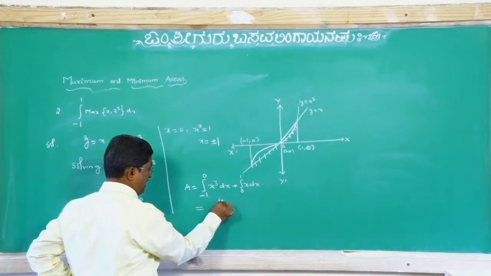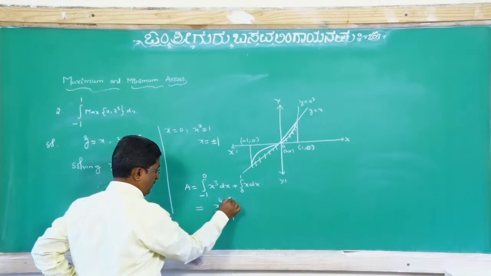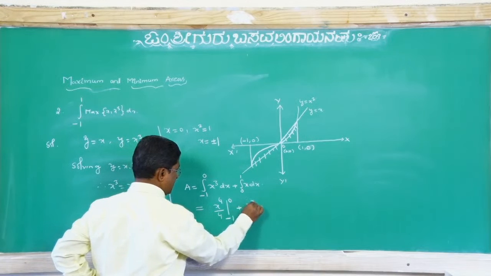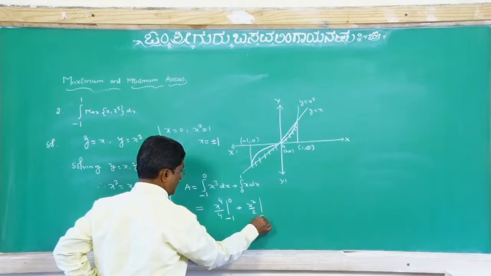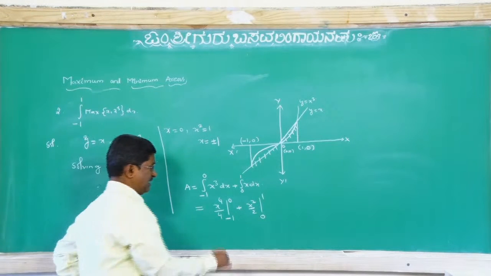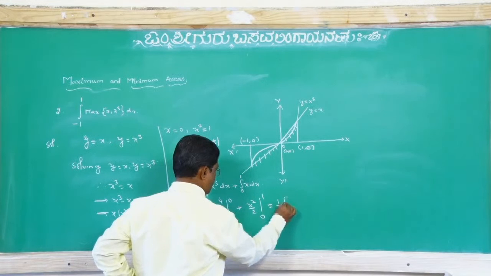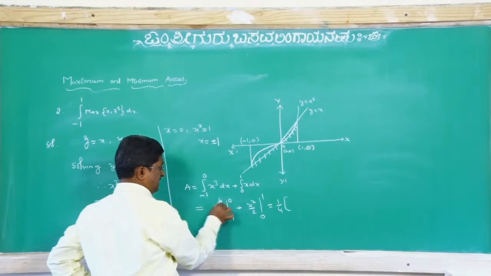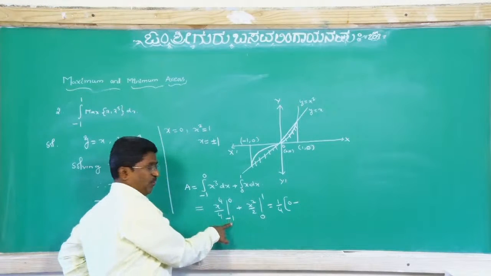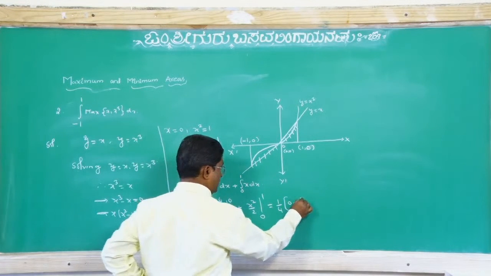Integration of x cube is x power 4 by 4 over the interval minus 1 to 0. Integration of x is x square by 2 over 0 to 1. Now calculate f of upper limit. 1 by 4 keep outside. F of upper limit, x is 0, 0 power 4 equal to 0. Minus lower limit, x is equal to minus 1. Minus 1 whole power 4 means plus 1.